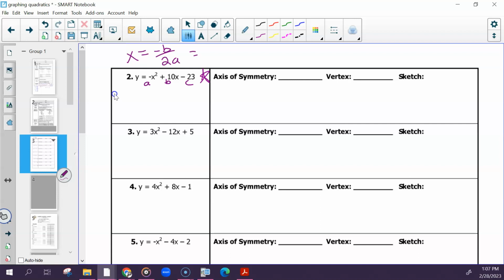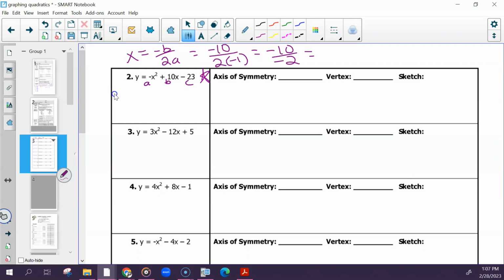So then we'd have negative B, or negative 10, over 2 times negative 1.